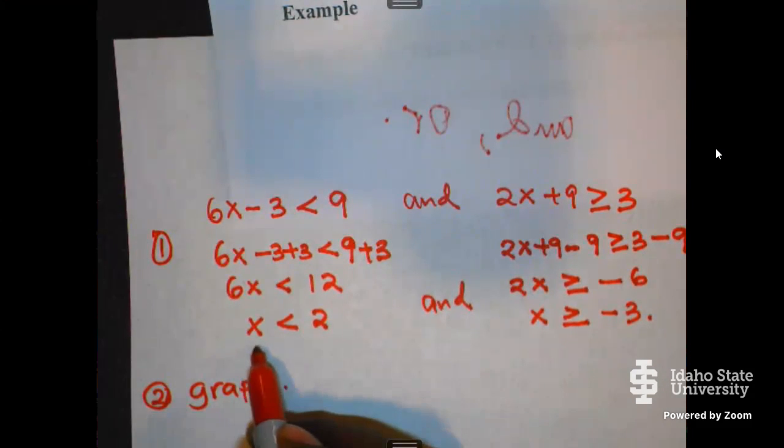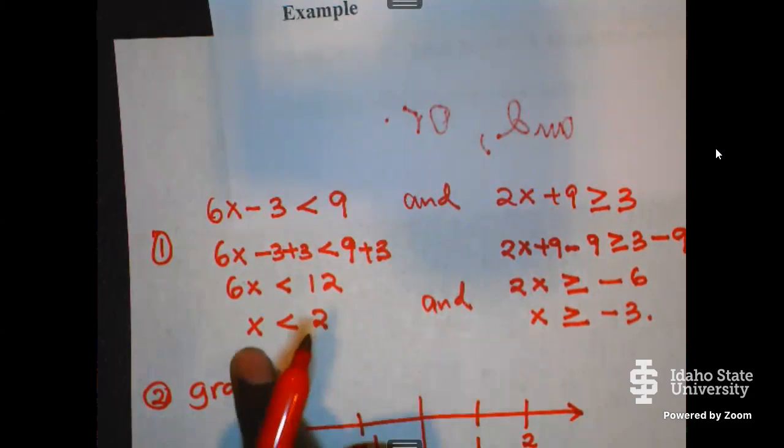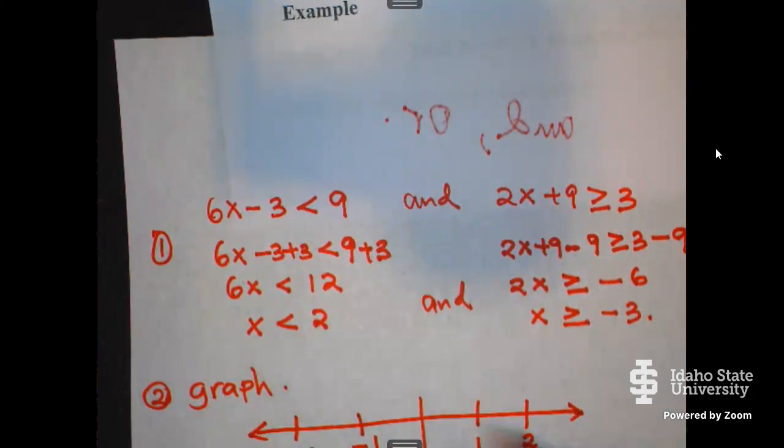So let's start from x less than 2. You draw that. That one is 0, that one is 1, that is 2, negative 1, negative 2. So we go to 2. Less than is not included, right?